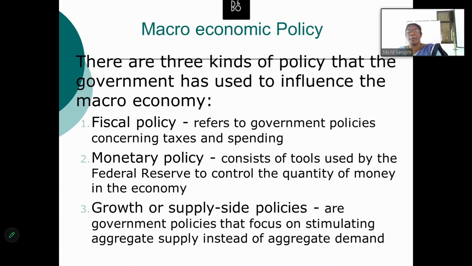Right? The central bank has tools. Normally the central bank has two types of tools, quantitative as well as qualitative. It's also called traditional methods as well as modern methods. Under the quantitative method, there are three major components: interest rate, open market operation, as well as the bank rate.